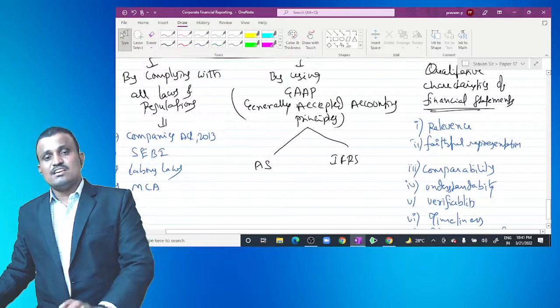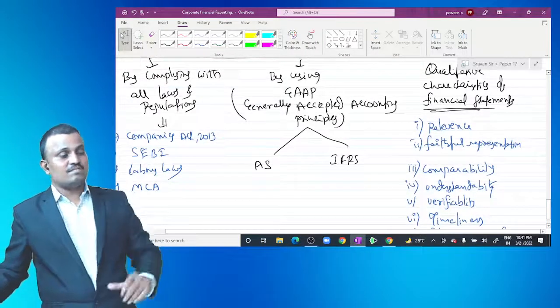Okay, so these are the features or the characteristics of the financial statement.